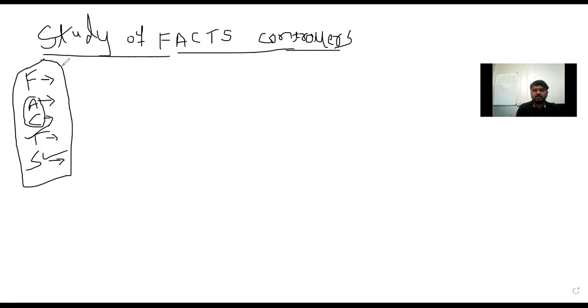Can anyone tell the definition of FACTS? In your projects you may be using the FACTS controller. I don't know how many of you have heard the name STATCOM. Anyone have heard the name?